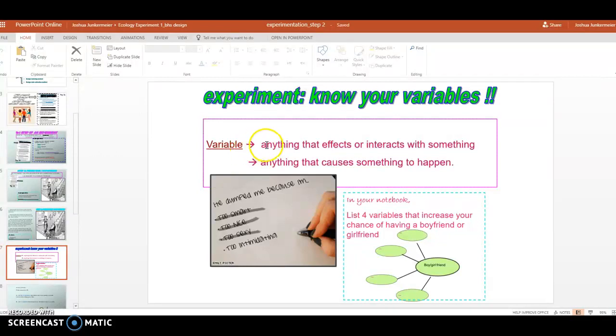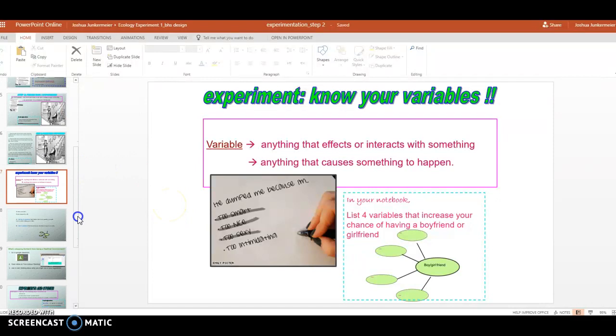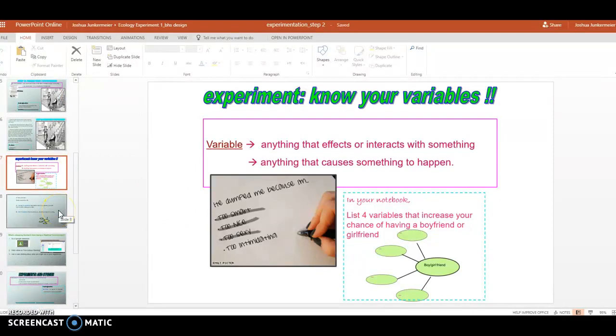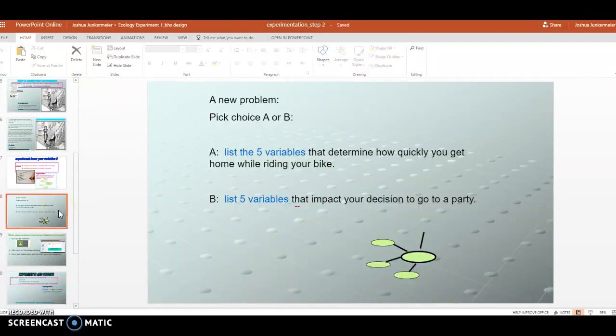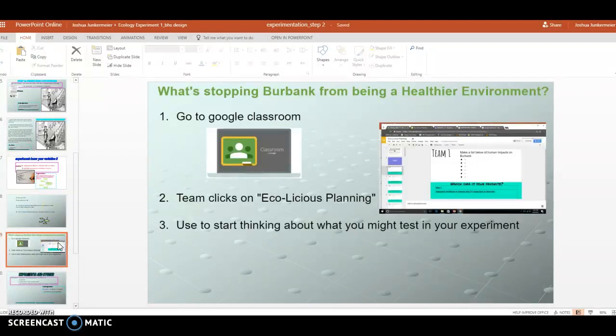A variable is anything that affects or interacts with something, anything that can cause something to happen. A lot of different things can be a variable. We went through slide 7, we did an activity for slide 8, and now we're ready for slide 9.